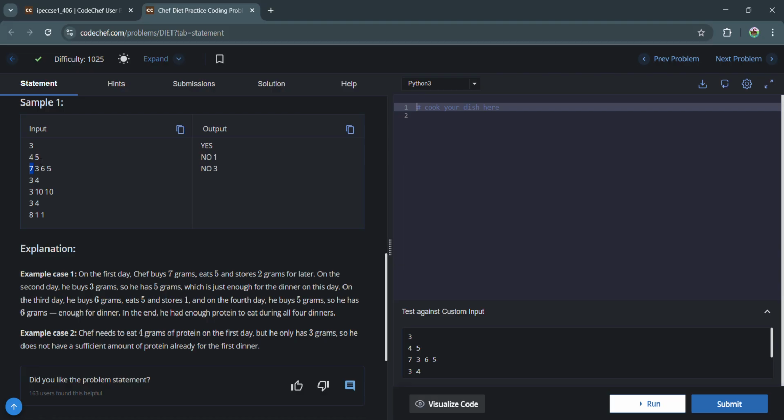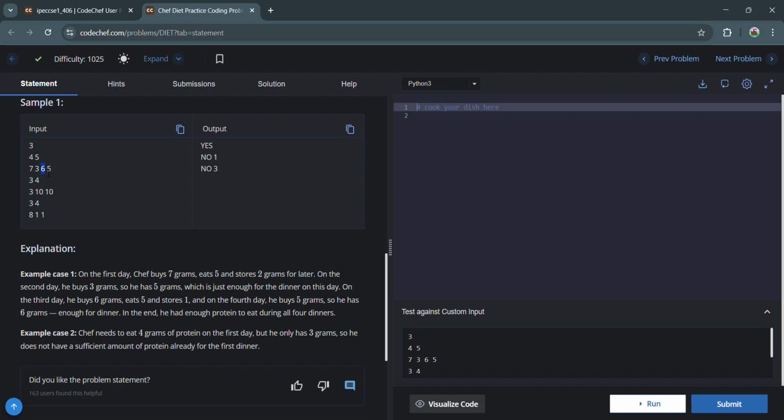So after taking 5 grams he is left with 2 grams of protein, and he can store that 2 grams for further use. On the next day he has 3 grams of protein, but he can use the stored 2 grams, and he has now 5 grams of protein, which is just enough for the dinner on that day.